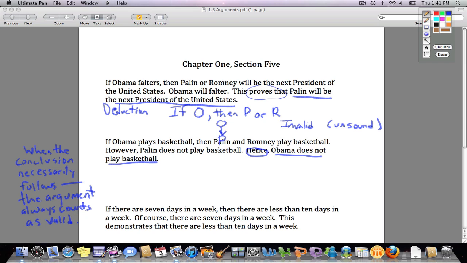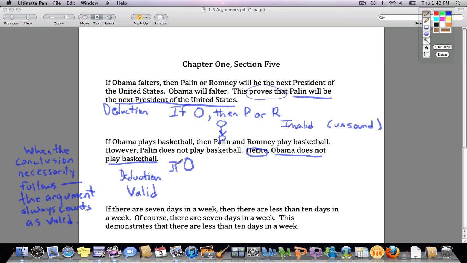Okay, going on here. Why does this conclusion necessarily follow? We got Obama playing basketball implies Palin and Romney both do. Palin doesn't. It tells us Obama doesn't. Why? If he did, well, then Palin would, and we know Palin doesn't, so this is a valid argument. Okay, we already said it's a deduction, but this is an additional reason for it. It's valid. To see the logical form, let's put it like this.